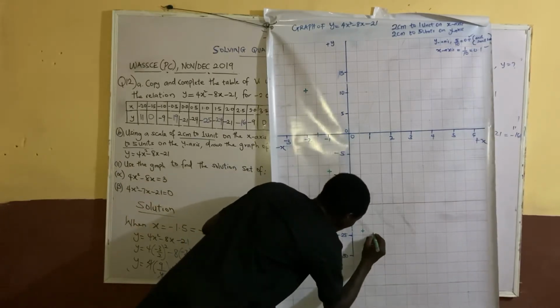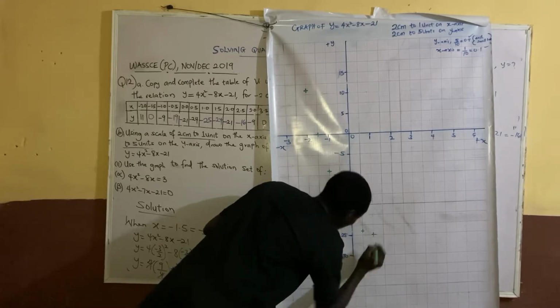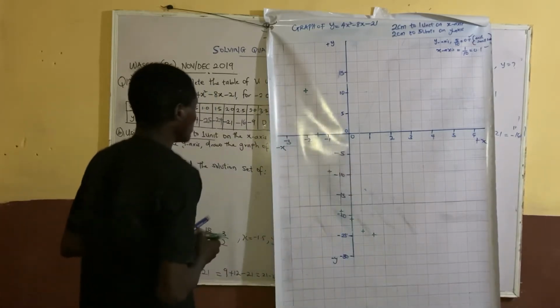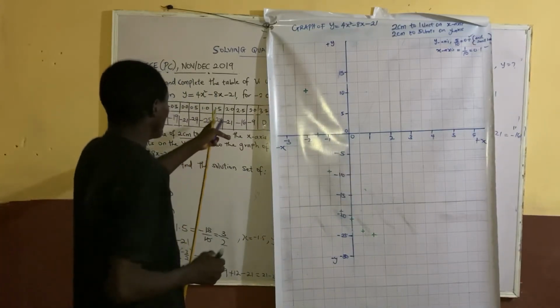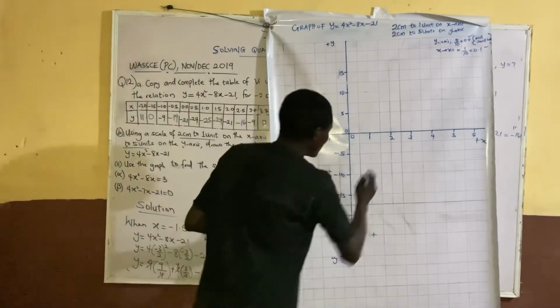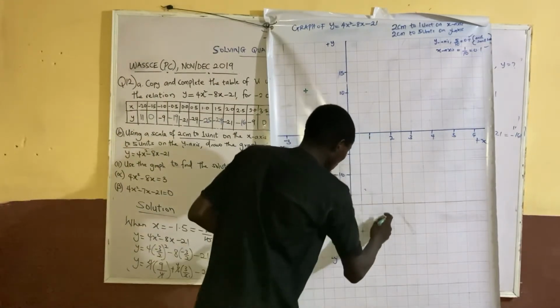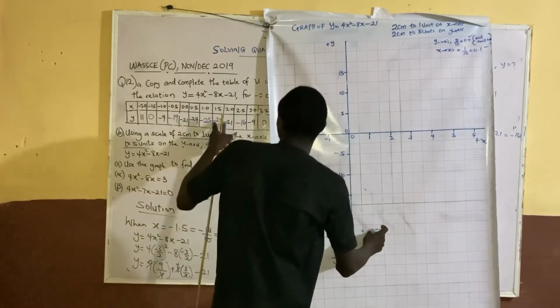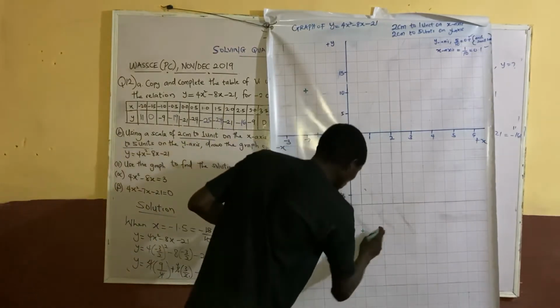We have it here. Again, 1.5, minus 24. So this is minus 24 here.